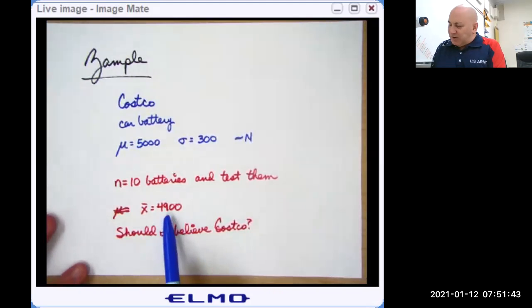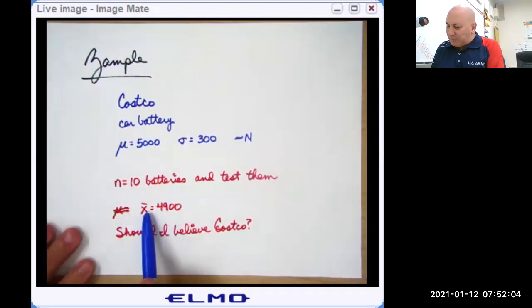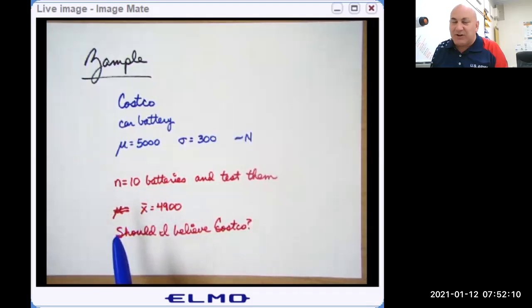what I want to know is, let's say I could possibly sample every, if we had all the Costco batteries out there, I take every sample of size 10 that there were, and I tested them and I were to graph that, that would be my sampling distribution. Now I want to ask, what is the probability that I'd get 4,900, and I'm going to give you a little secret here.